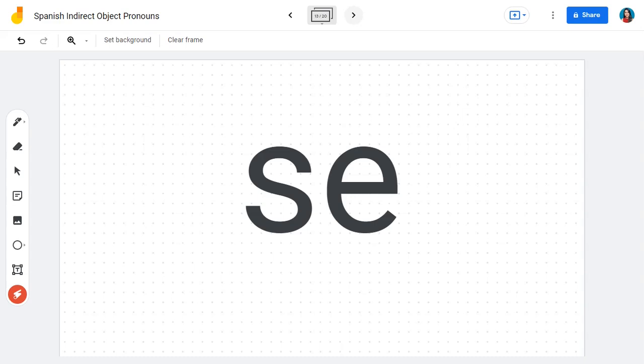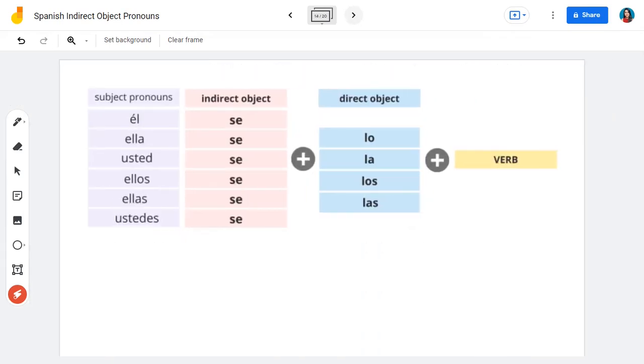When you use le and les with any of these little words, lo, la, los, las, le and les turn into se, okay? It transforms into se. Le and les transform into se when they are used with lo, la, los, las.